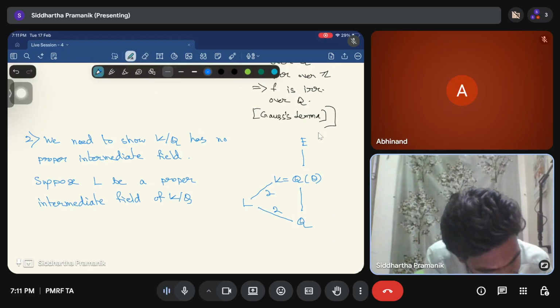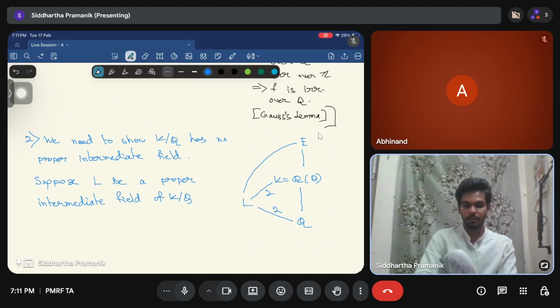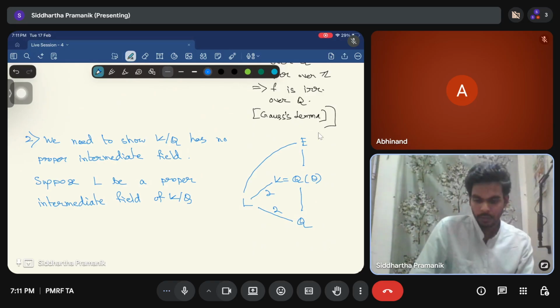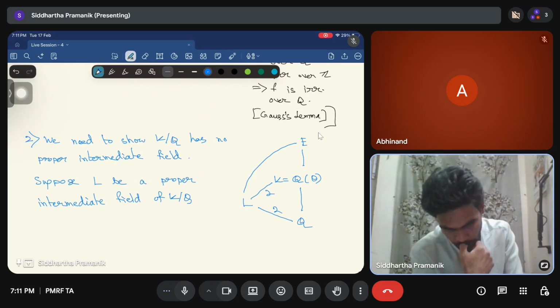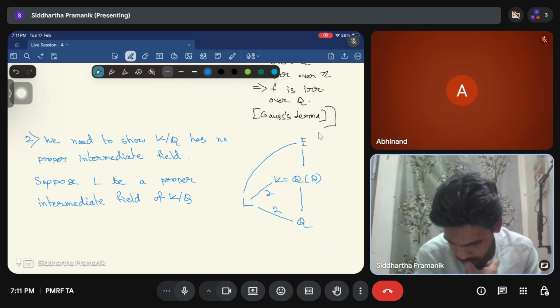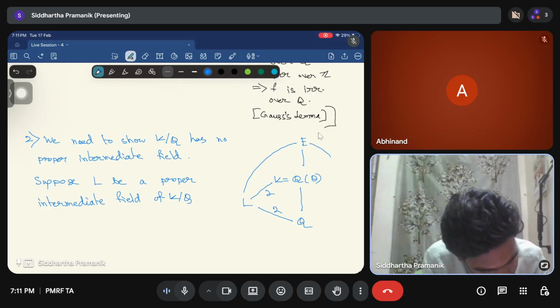But in that case, E is also an extension of L, right? So what will be the degree of E over L? Note that E over Q is a Galois extension.